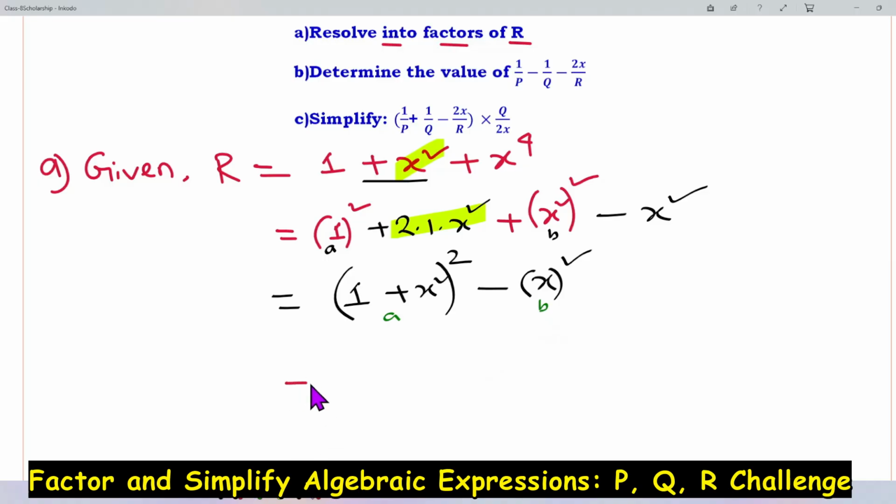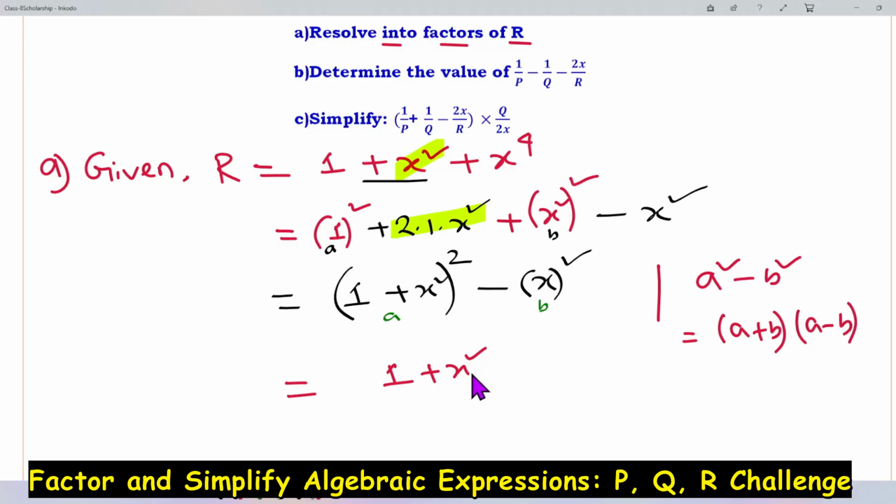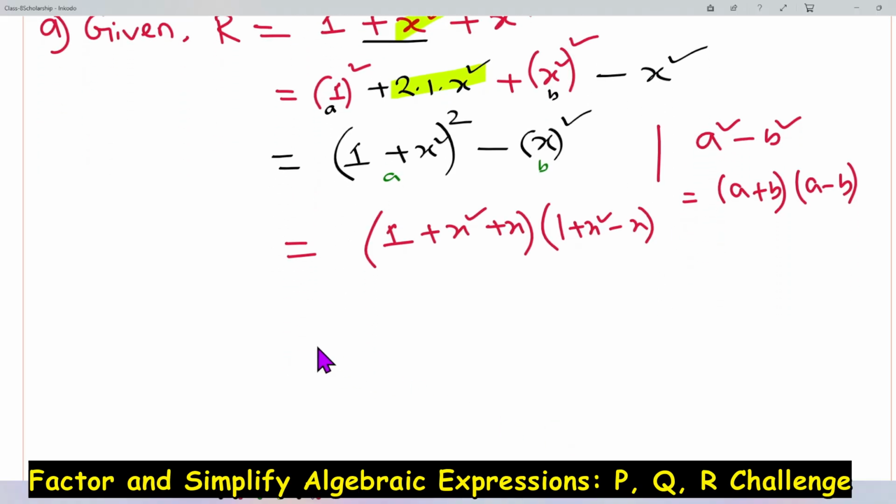So very simple, 1 plus x square means a plus b. We know a square minus b square equals a plus b times a minus b. Similarly, 1 plus x square plus x and 1 plus x square minus x. It means a plus b times a minus b.